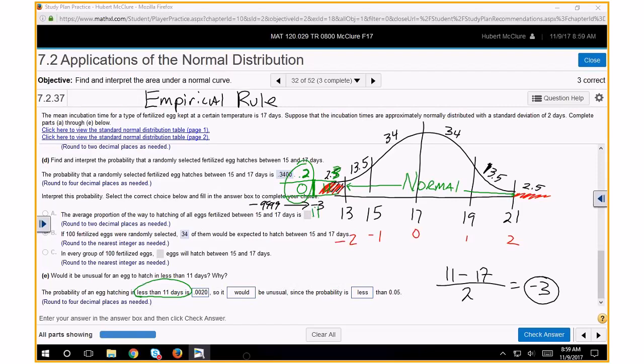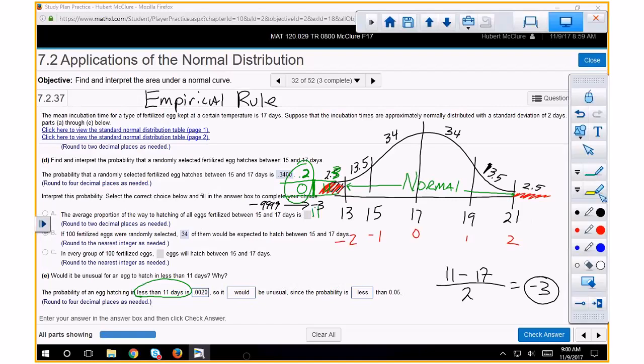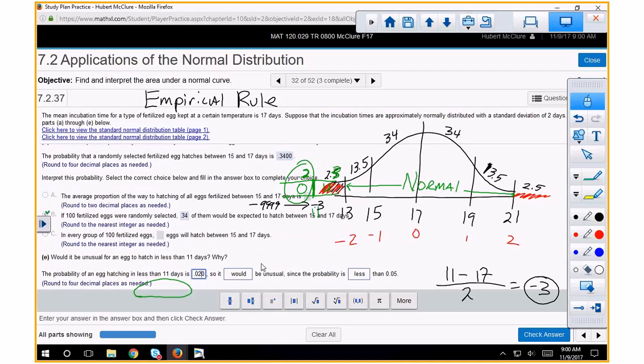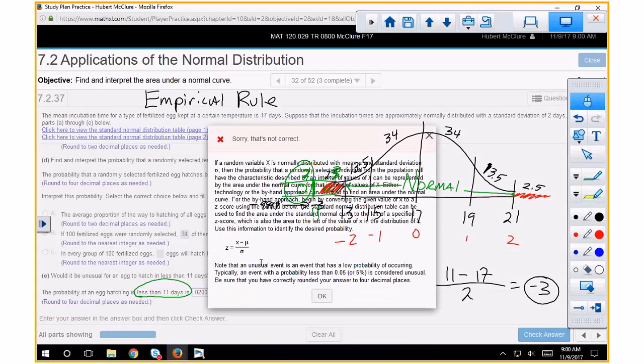Okay, well then why were they showing the z-score in the solution? Okay, 0.02. Thank you. Maybe that's the error. Maybe I just don't know how to read decimals. 0.020. Is that better? See, they're giving you the z-score right here. So somebody do negative 9999 to negative 3 and tell me what you get.